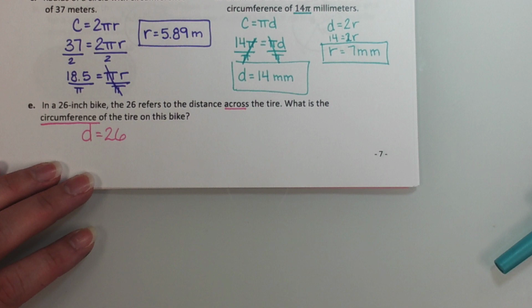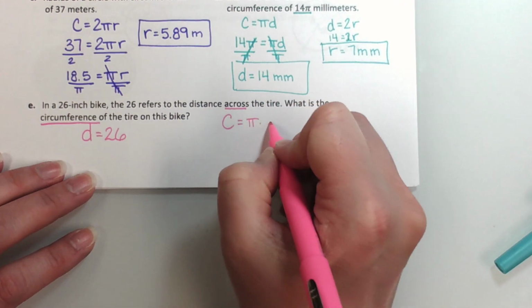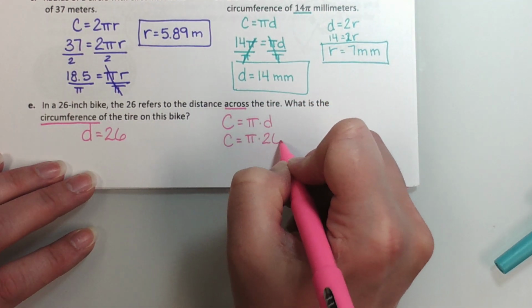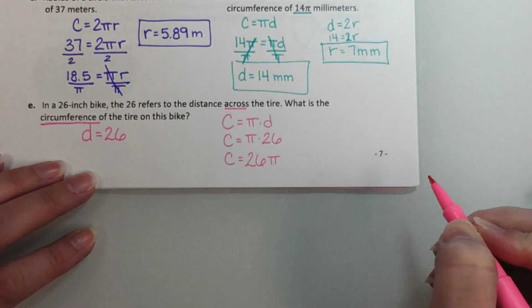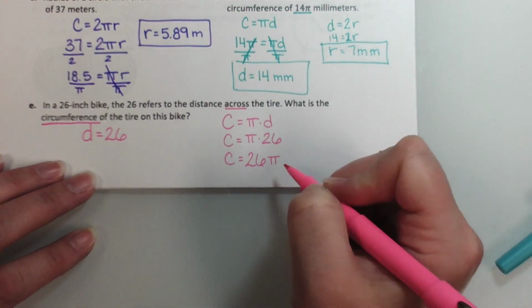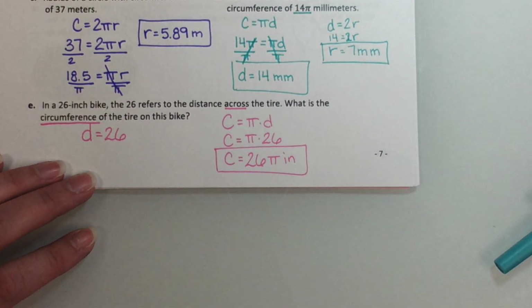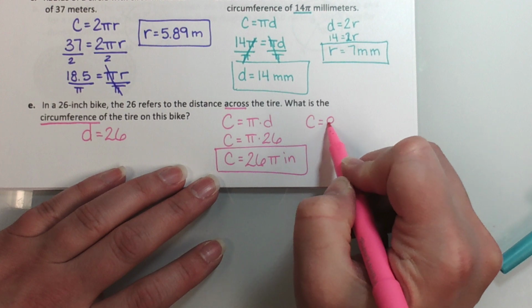We don't know, but we could calculate it, right? Circumference equals pi times diameter. Pi times 26. As an exact, it'd be 26 pi. Units? Inches. As a not exact, 81.68.